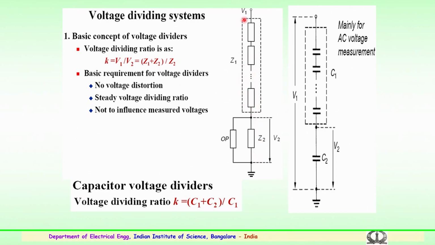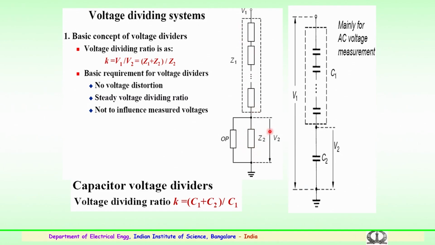The larger high voltage side of the arm, what we call Z1, consists of a number of resistors in series, and it will be a very high value. And the secondary or the low voltage arm, what we call Z2, could be of a lesser value, very less in comparison to the total resistance value.